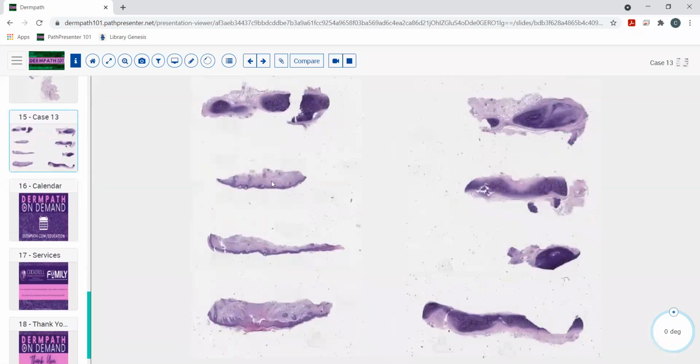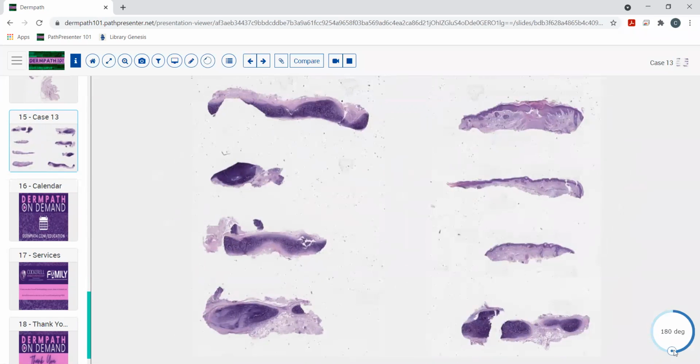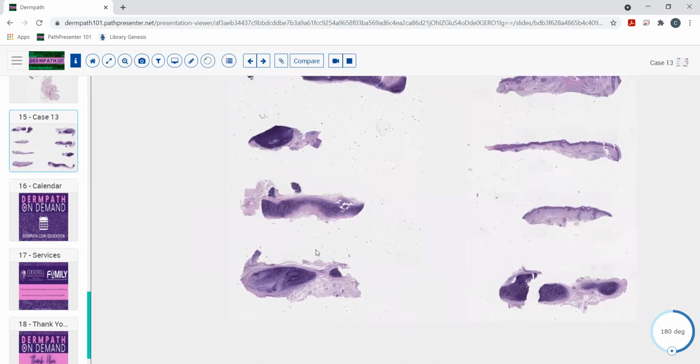Okay, the last one of these is also not a true cyst. It's called pseudocyst, so maybe that's good because at least, according to the name, it's not really a real cyst. And here we're seeing a deep shave and incision biopsy, and the main pathology here is going on in the cartilage.